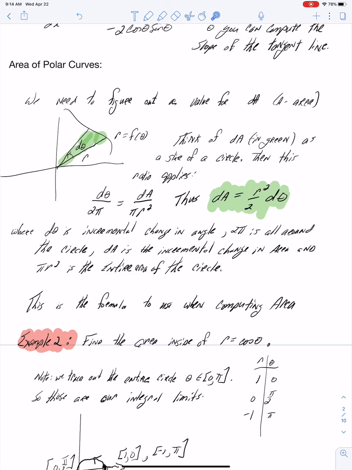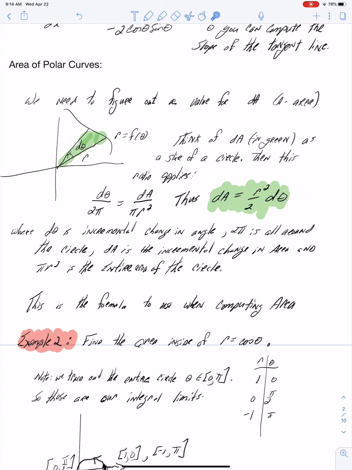So if you think about it, a differential of theta, d theta, is to going all the way around a circle, 2 pi, as dA, this differential of area, is to the area of the whole thing, which is pi r squared, the area of a circle.